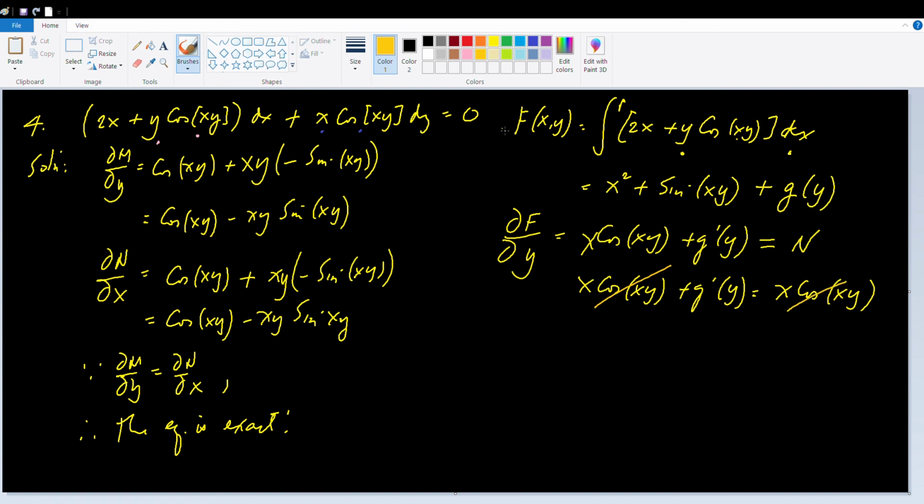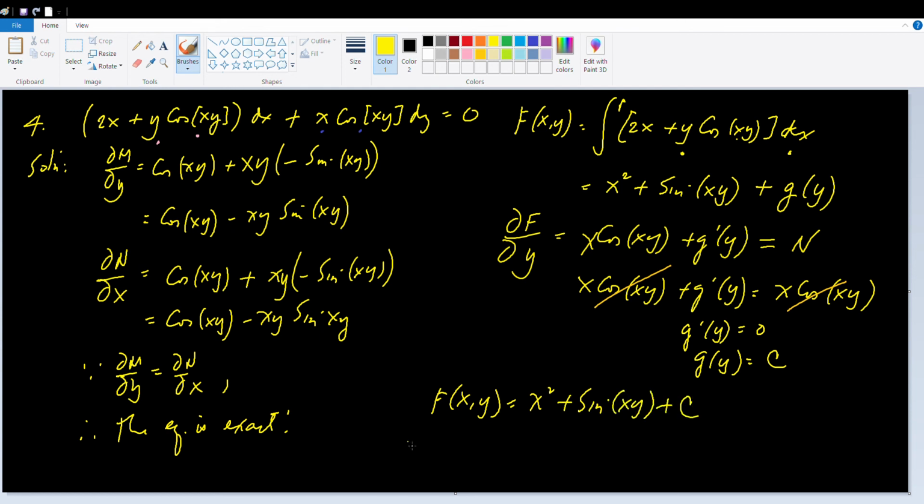So that means that g prime of y is 0 and g of y is a constant c. So the function f of xy is x squared plus sine of xy plus the constant c. And we write the general solution for the given differential equation as x squared plus sine of xy equal to the constant c.